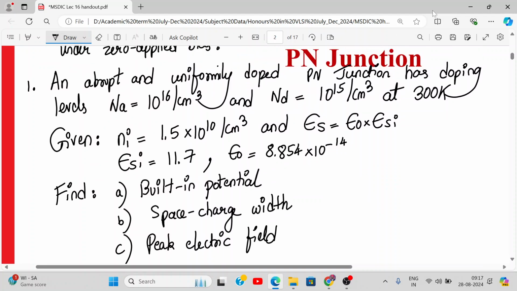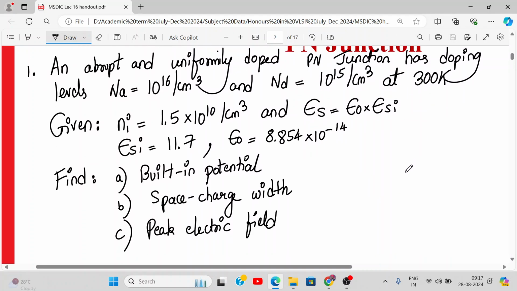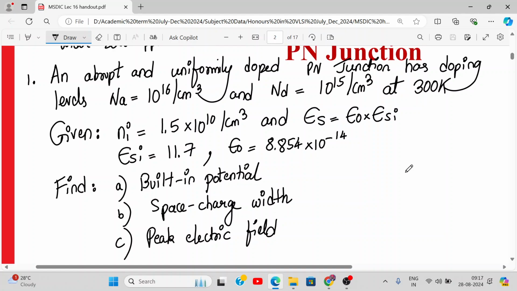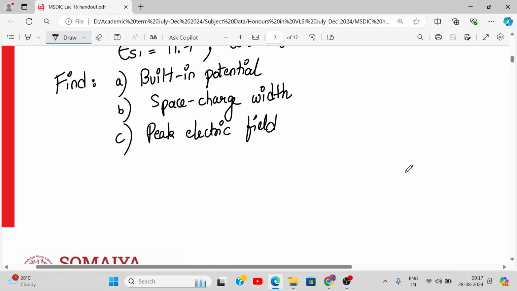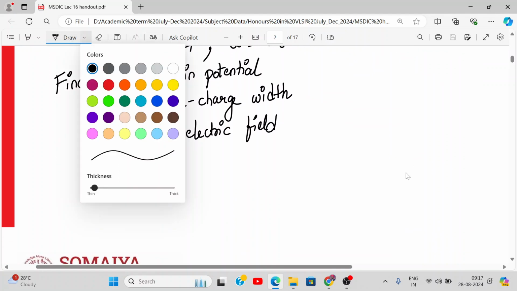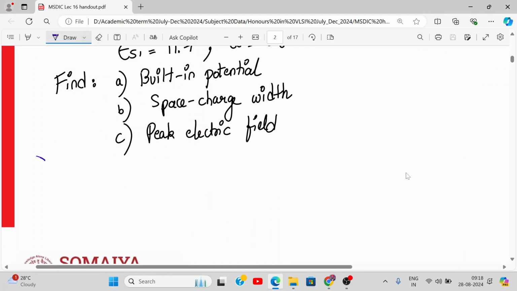Okay. So this is the numerical statement. Completed? So let's start. Built-in potential is denoted as VBI, space charge width is W, and maximum or peak electric field is EM.